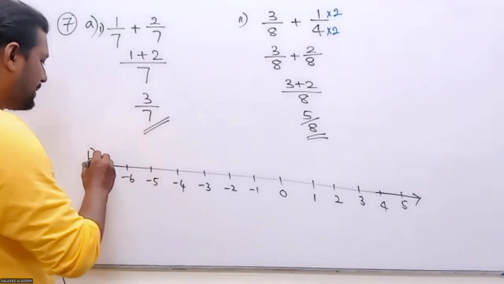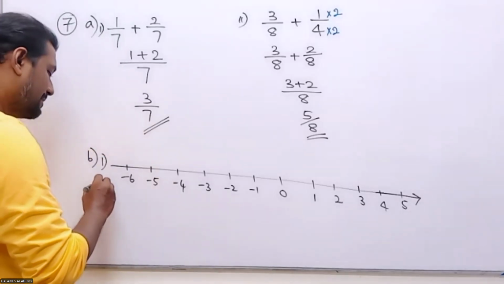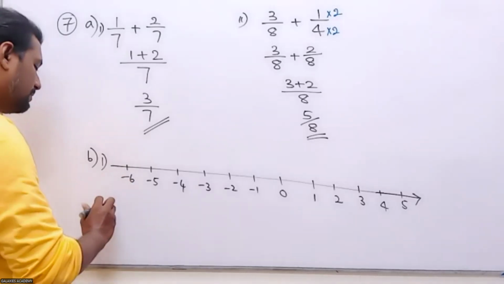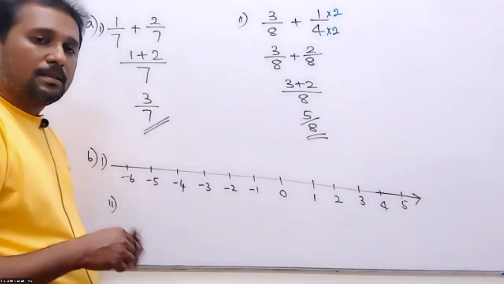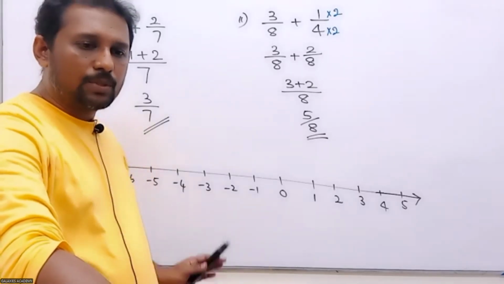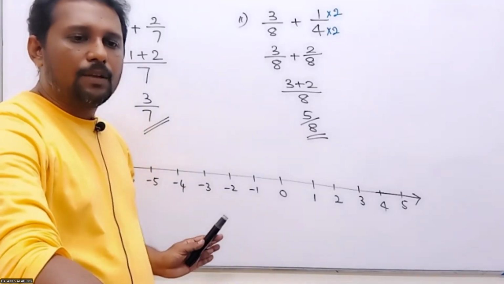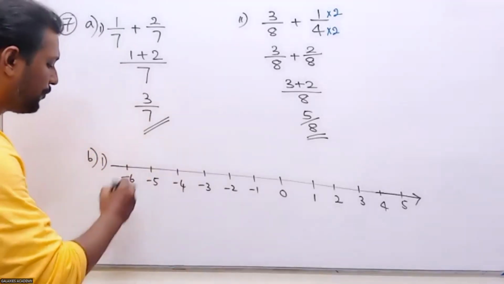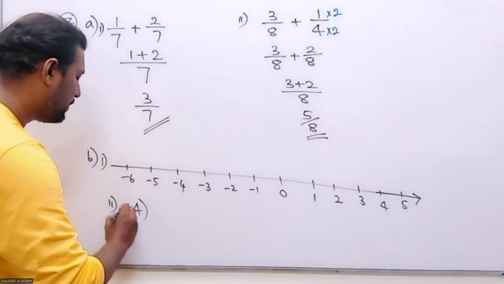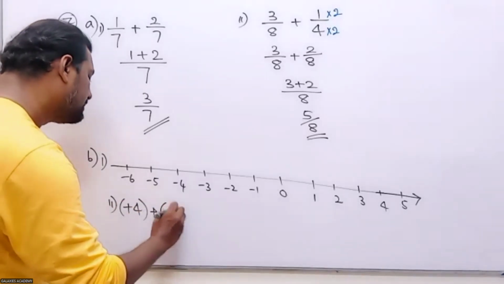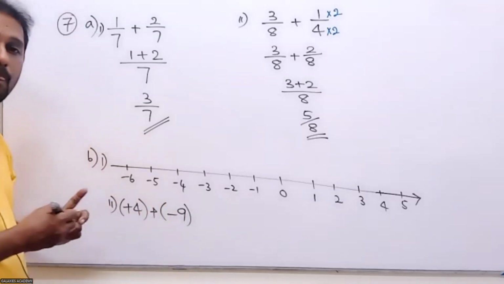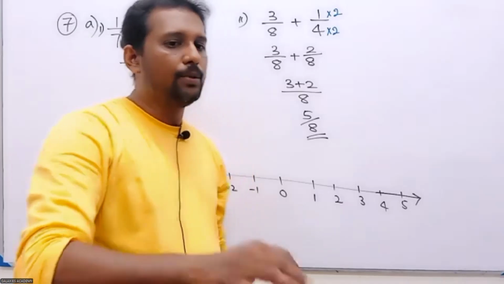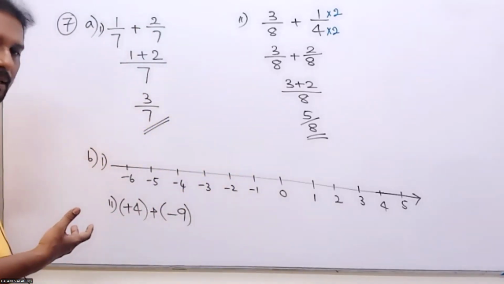It is the first part of Simple B. Then the second part given, using this number line, you have to get the answer of +4 add -9. Right? Using the number line, you have to add these two directed numbers.